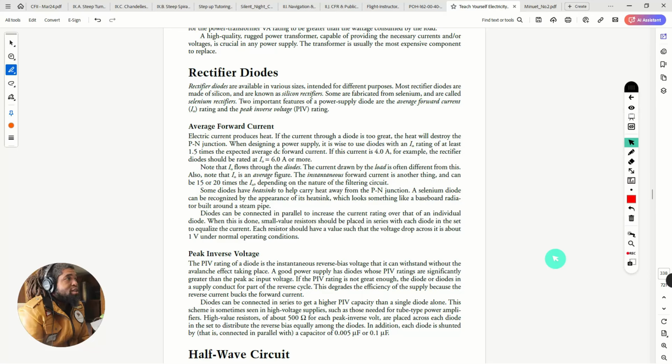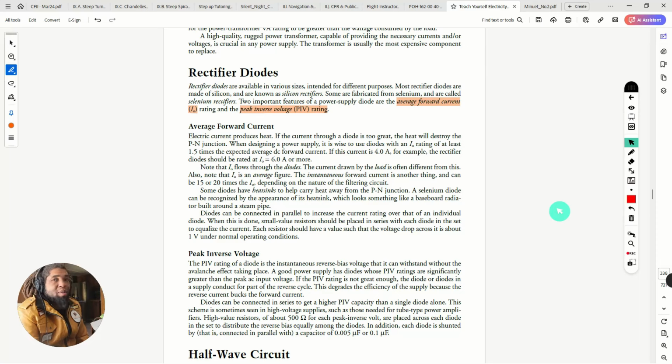Two important features of power supply diodes are the average forward current rating and the peak inverse voltage rating.